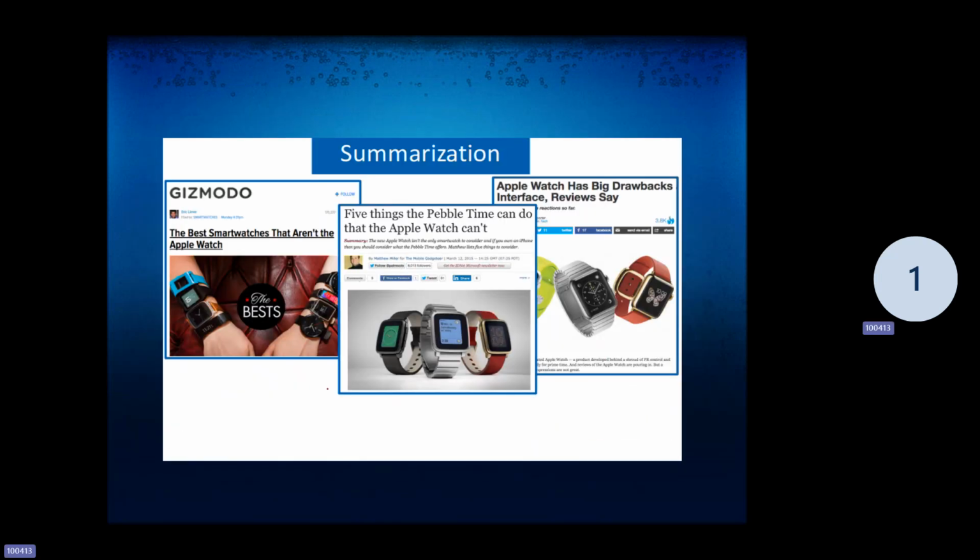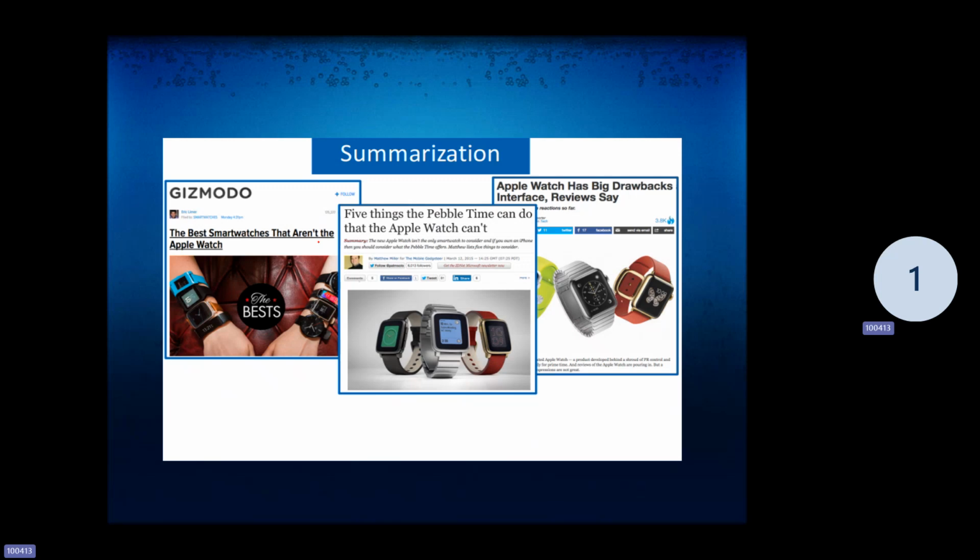This is machine translation, then summarization. If you search on Google for the best smartwatches, like the Apple Watch, it shows different results for your search, and at the same time it shows advertisements on your Facebook, WhatsApp, everywhere, related to your query.